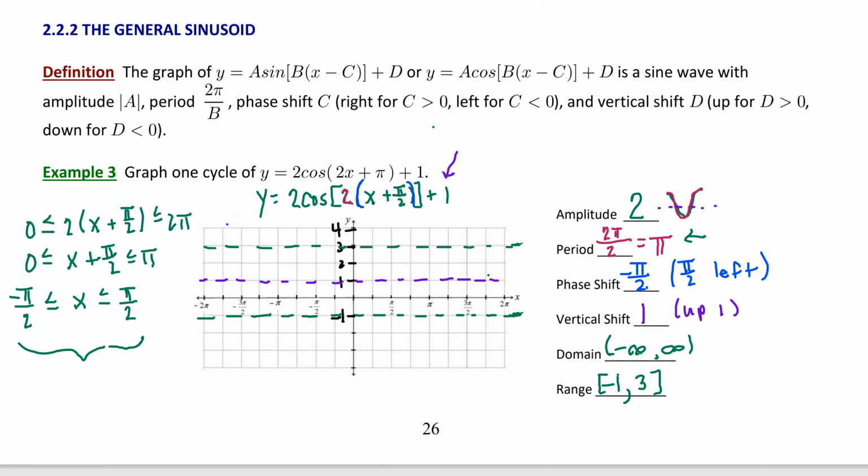So at the leftmost end of this interval, cosine is going to reach its maximum. So I'm looking at x equals -pi/2. The maximum is going to be 2 units above that center line. At x equals pi/2, cosine is going to finish its bowl shape again at that maximum point.